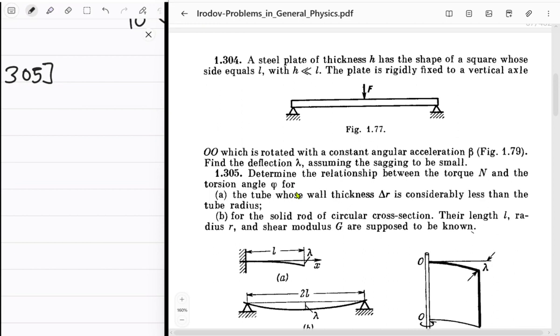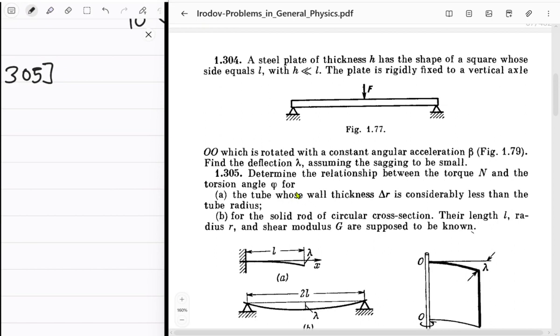Okay, fine. So you want a relationship between the torque and the torsion angle. We know it's supposed to be linear, but it would be better if I just find a formula for it, right? For the solid rod of circular cross section, their length L, radius R, and shear modulus G are supposed to be known.